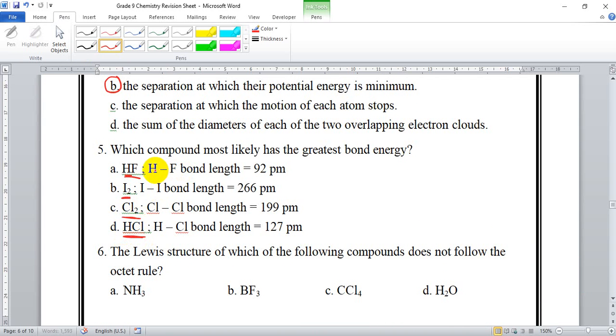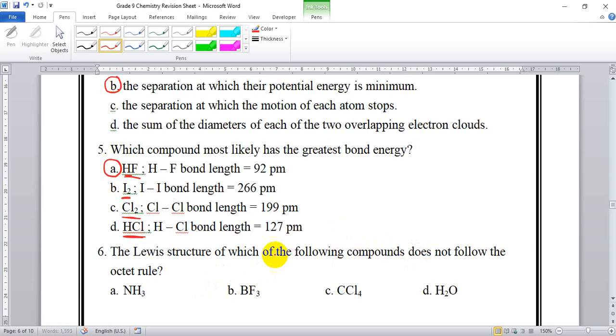The bond length between H and F equals 92 picometers, between I and I equals 266, between Cl and Cl equals 199 picometers, and between H and Cl equals 127. Which one has the greatest bond energy? The greatest bond energy has the least bond length. So the choice will be A.